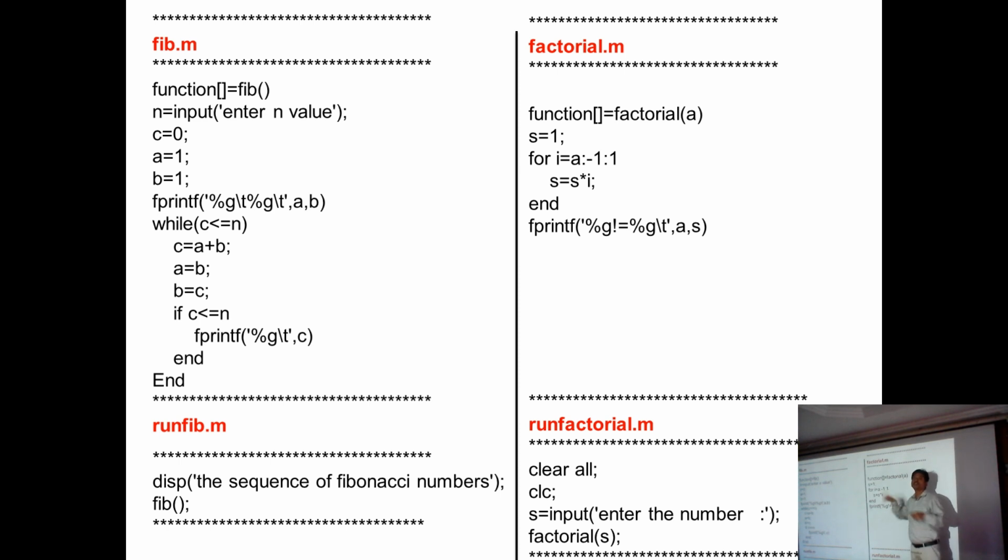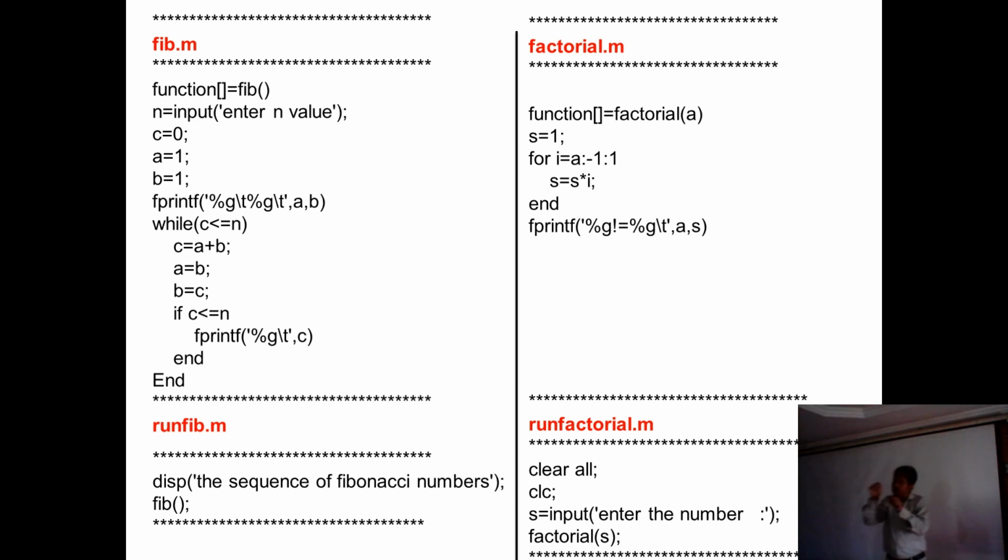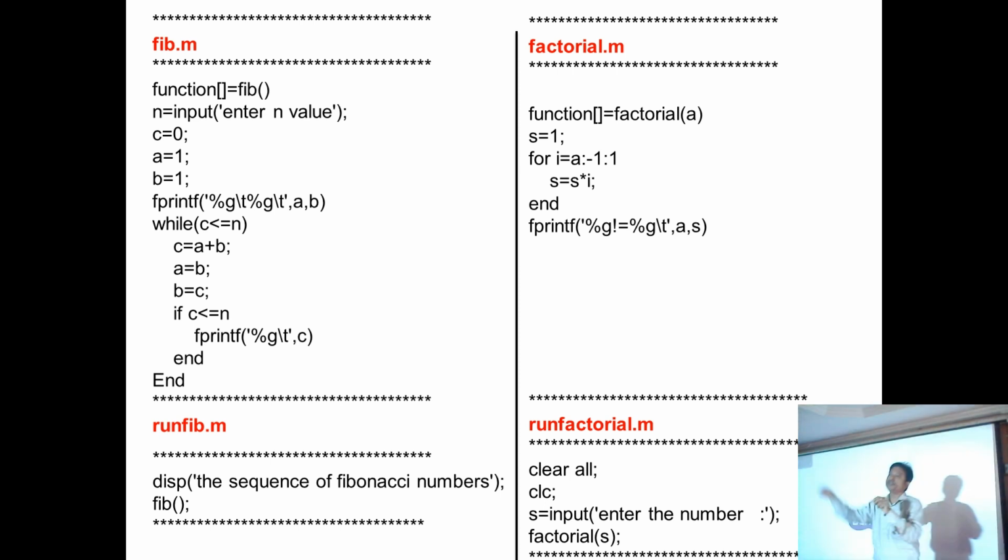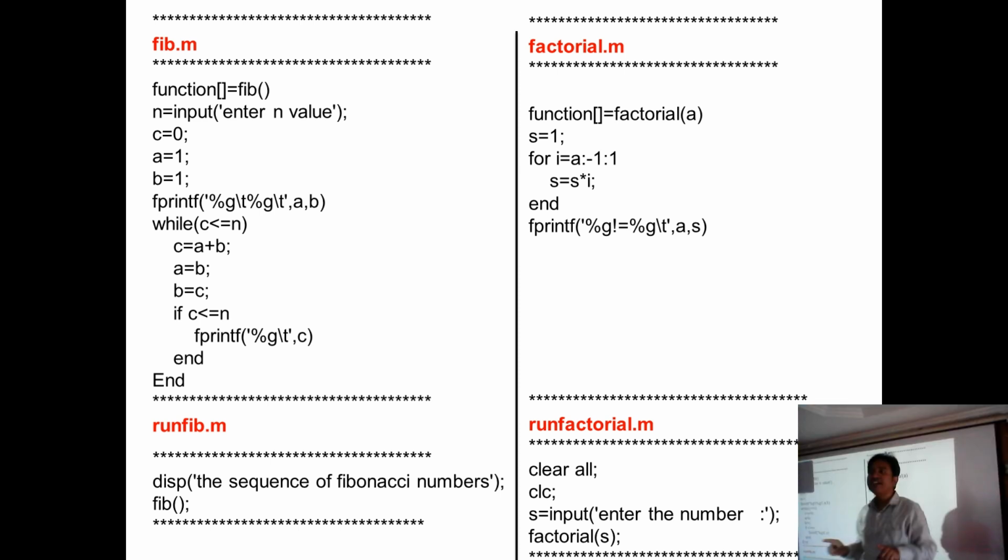The logic will run: 30 into 29 into 28 till 1. So factorial of 30 will be printed. What I did here was just send an input argument, the number I want to print. That's all. This is the second classification.